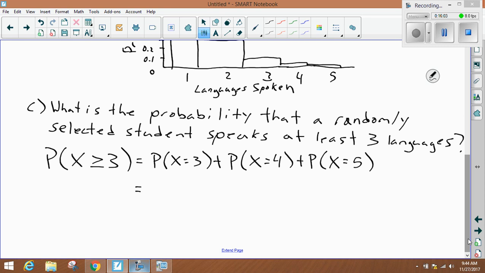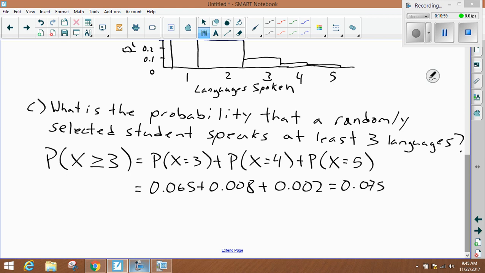So x equals 3 is 0.065. Not 0.065, sorry, I miswrote that. Plus 0.008, which is equal to 0.075.